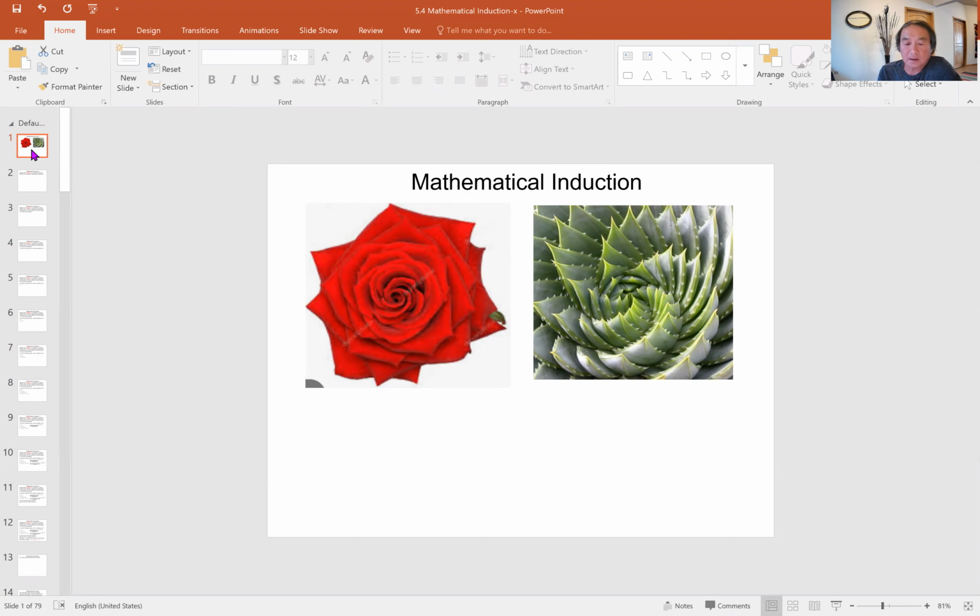In regard to these two pictures, imagine, for instance, the cactus on the right-hand side. If you zoom out, what will it look like? I think most of us can imagine these layers of spiraling leaves sticking out.